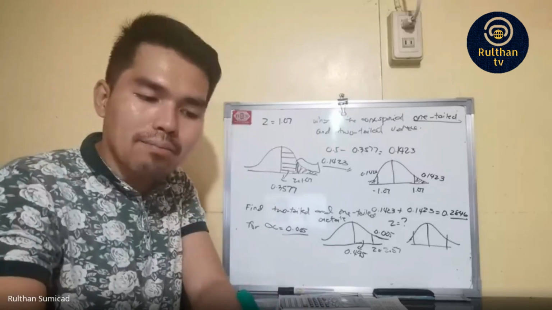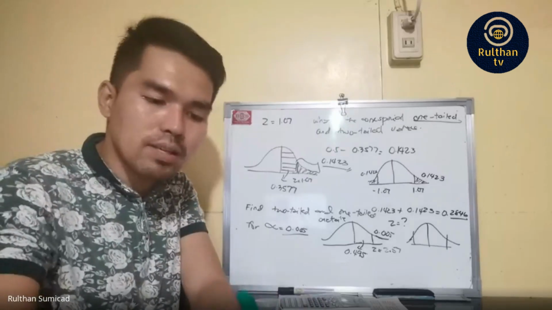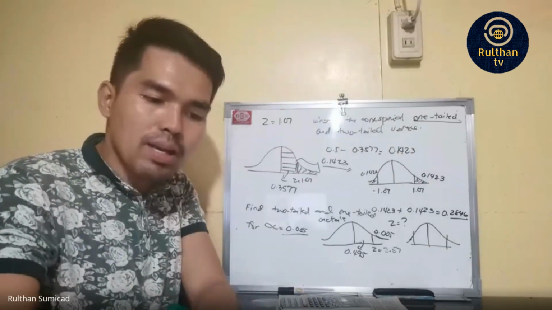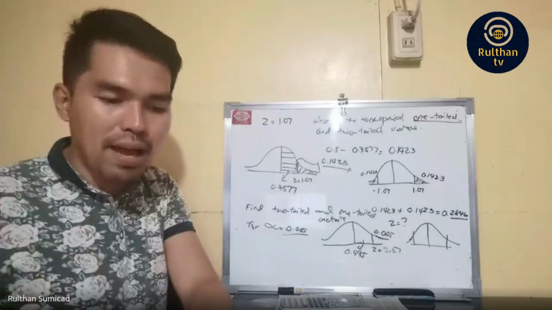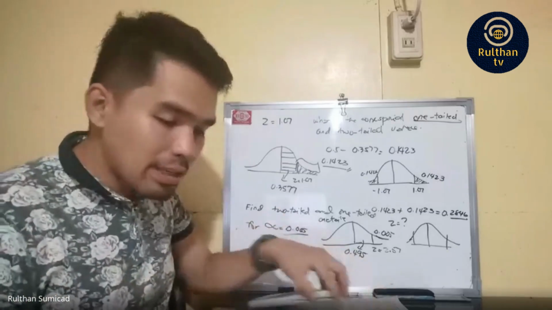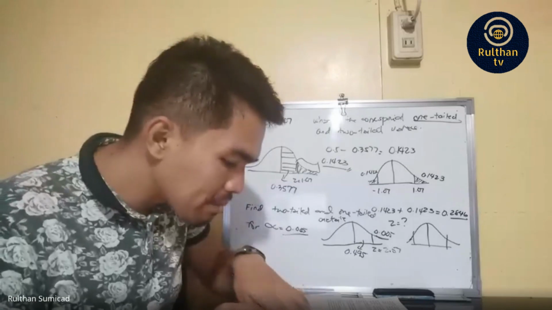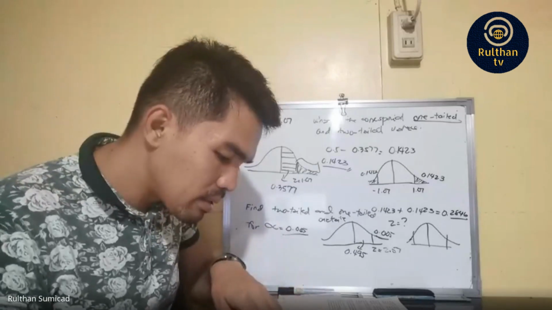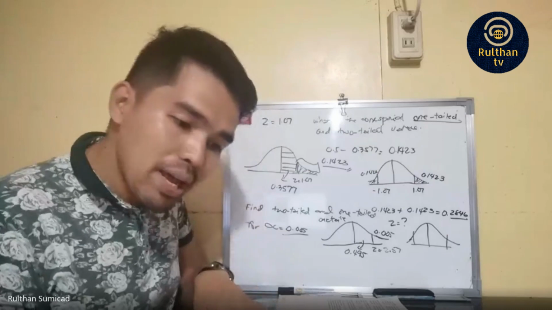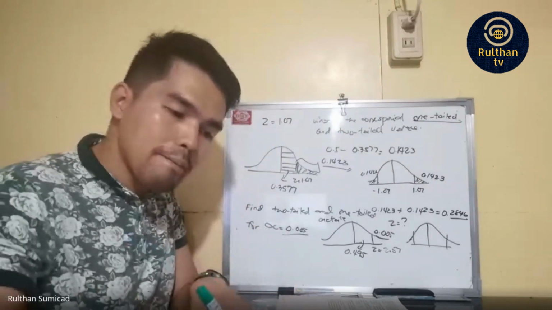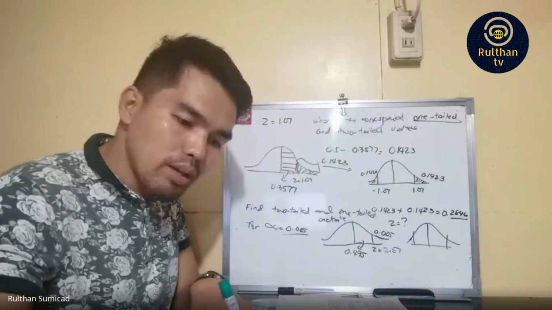Rounding to four decimal places, that's 0.4998. What is the z-score equivalent to 0.4998? Looking at the table, we have 3.49.